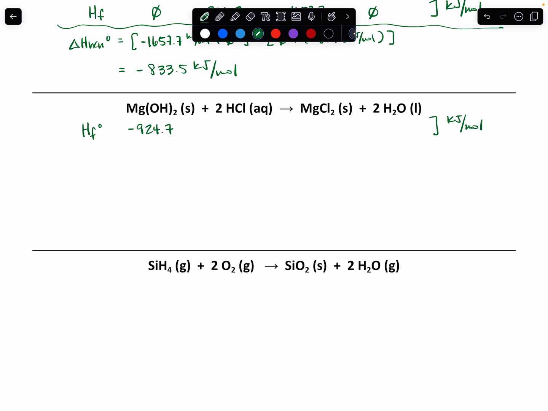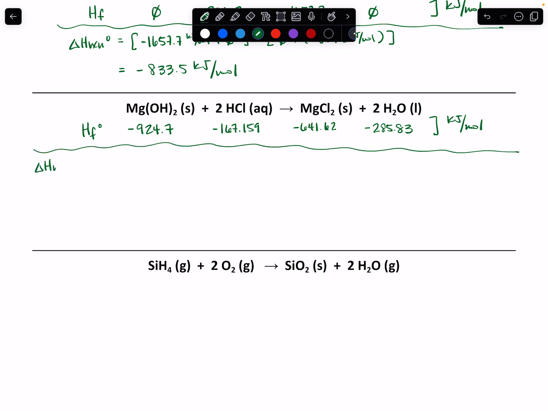I go look for HCl aqueous, and it's negative 167.159. I go look for magnesium chloride solid. It's negative 641.62. And then liquid water, negative 285.83. So there are all my heats of formation values.